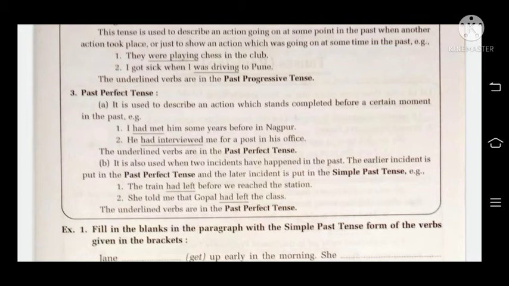Now B: the past perfect tense is also used when two incidents have happened in the past. The earlier incident is put in the past perfect tense and the later incident is put in the simple past tense. When we are talking, we apply some grammatical rules, and these rules are very helpful for speaking perfect English.